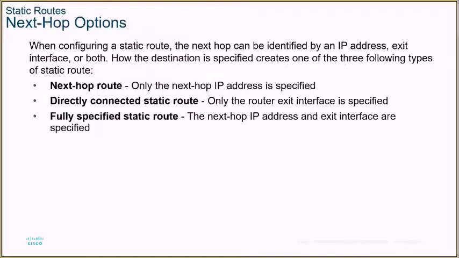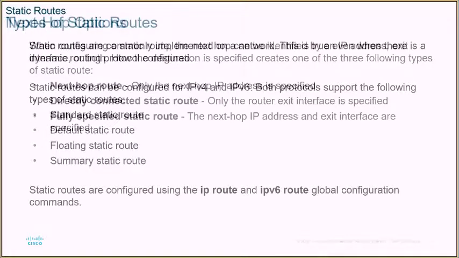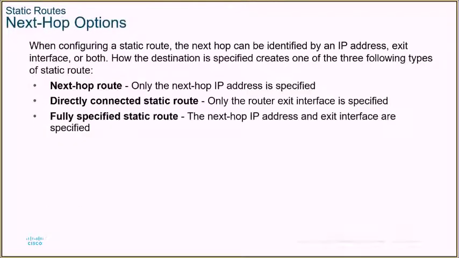Okay, so we didn't actually talk about the rest, but anyway, when you're creating a static route, you've got three major options when it comes to telling the route how to get to its destination. The next hop can be identified by an IP address. Basically, the next router along the way for this route is IP address such and such.